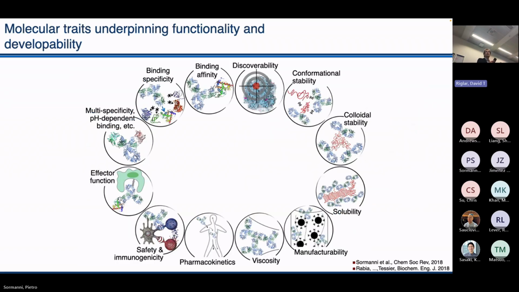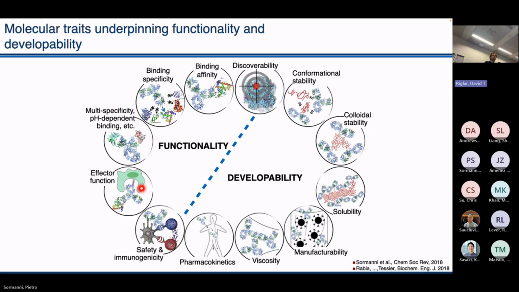These are some of the biophysical properties that are important. I would say they are roughly grouped into those that underpin developability, like colloidal stability, conformational stability, which is the stability of the native state, solubility, viscosity, in part also pharmacokinetics, and then functionality, which is obviously affinity, but also specificity is very important.